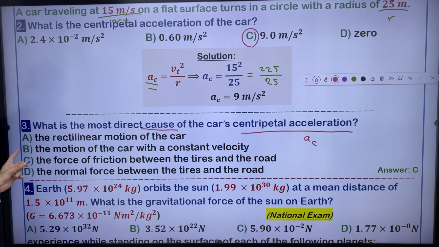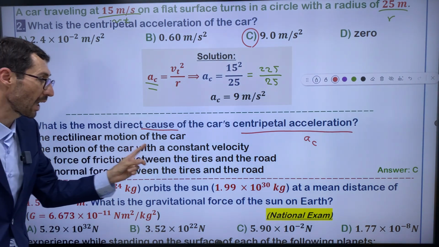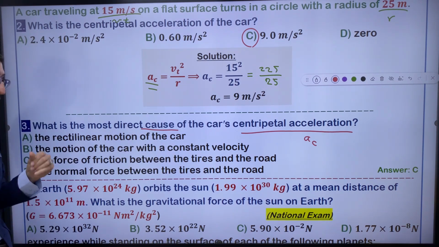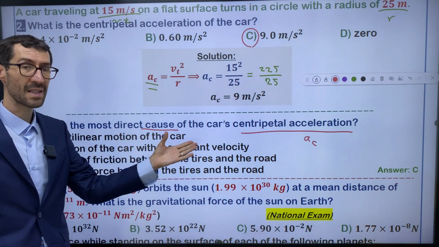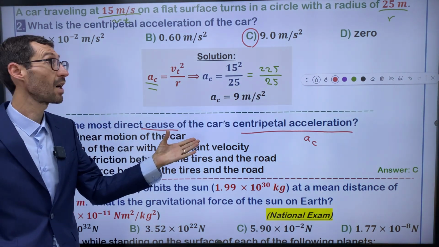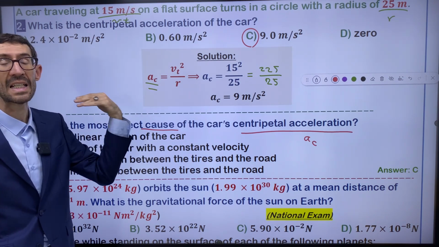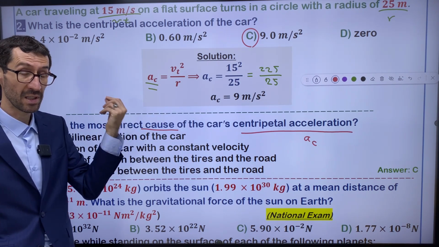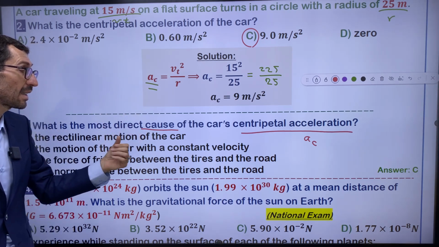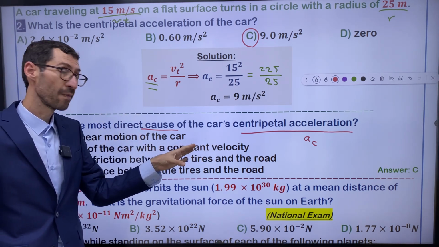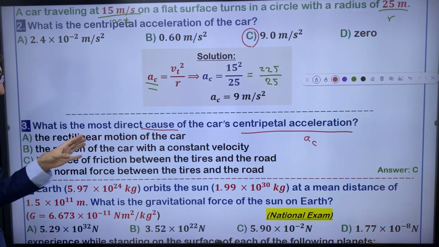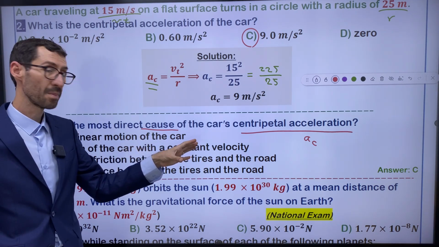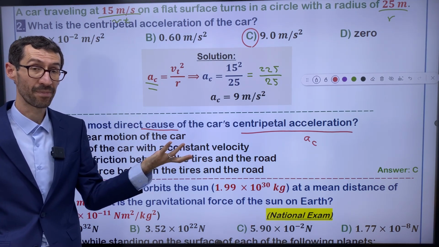We don't believe it. B, the motion of the car with a constant velocity. Actually, I told you velocity can't be constant because the object moves in a circle, right? Firstly, velocity is a vector quantity.